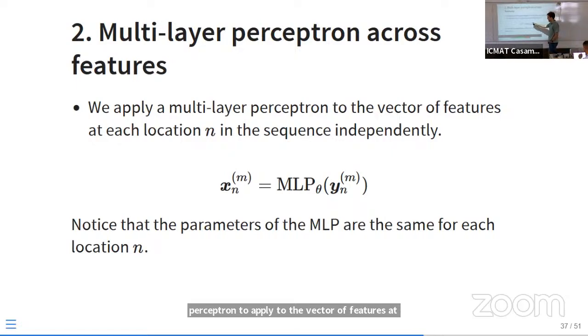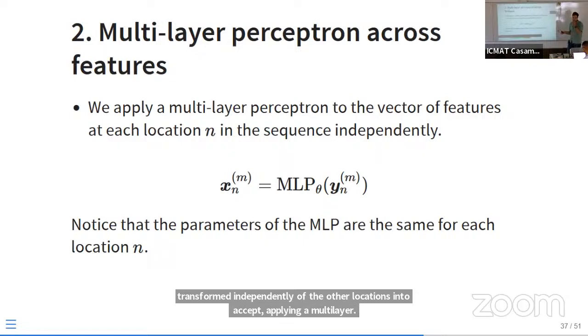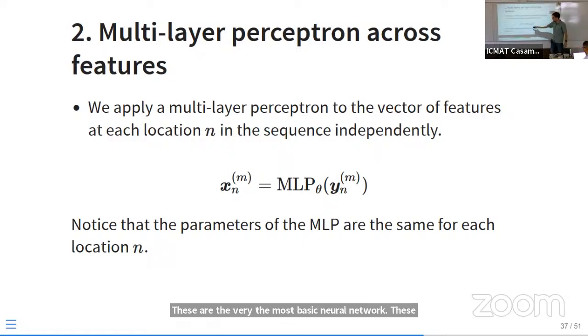So yn is the output vector in location n of the transformer block. yn already contains information of other locations in the sequence, and now it's transformed independently of the other locations into xn, by applying a multi-layer perceptron, which is the most basic neural network. These parameters, theta, are learned as well. And the relevant thing here is that these parameters are shared across every location. Okay, they are the same across every location.